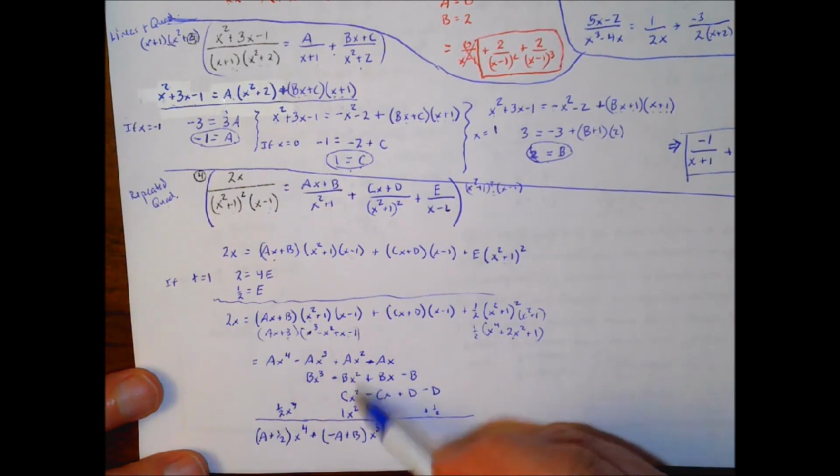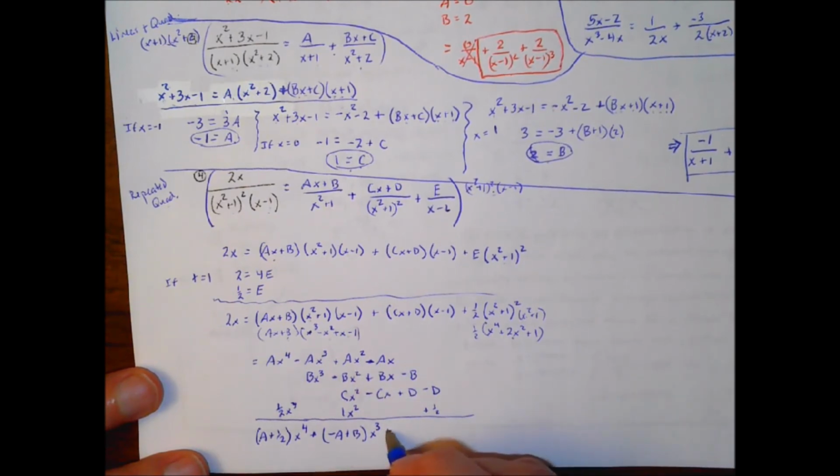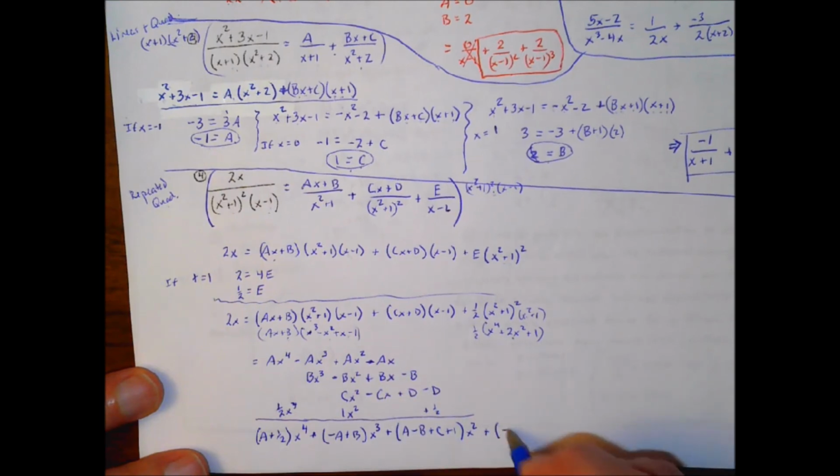Take all your x squareds here: it'll be a minus b plus c plus 1. My x's here: negative a plus b minus c times x.